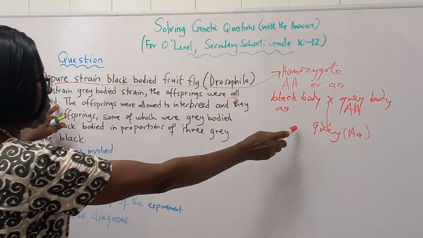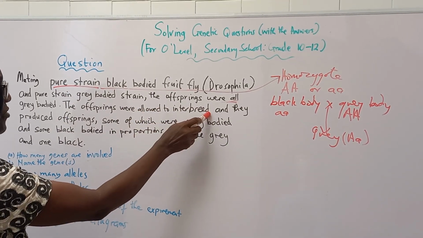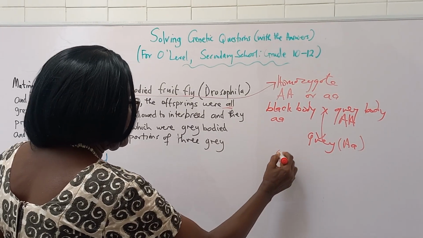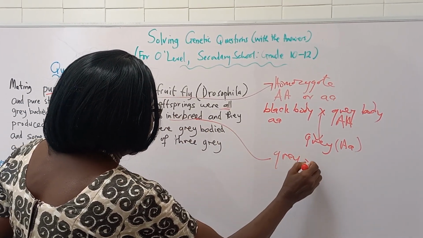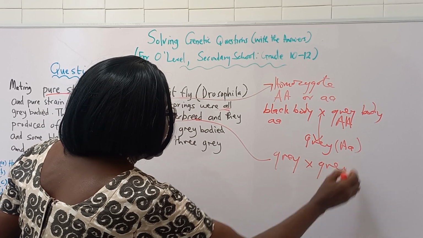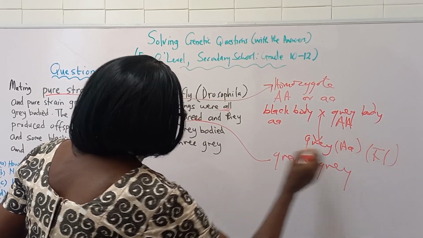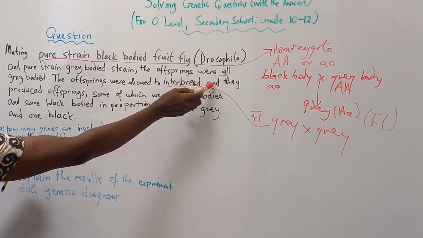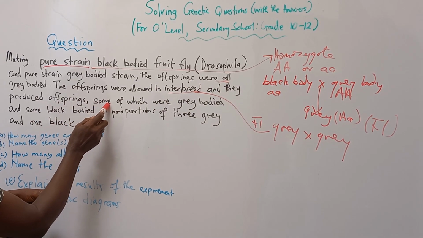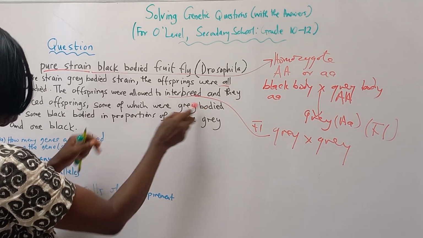So these offspring were allowed to interbreed, means this gray and gray, and these were F1s. So these were F1s, they were allowed to interbreed. And they produce offspring, some of which are gray-bodied.